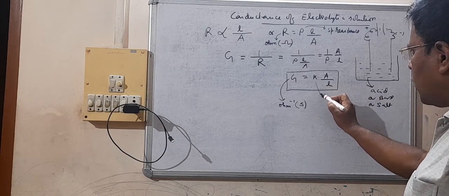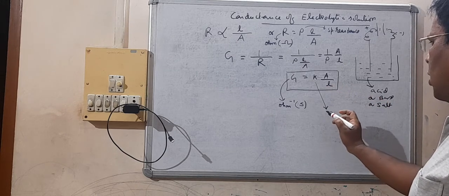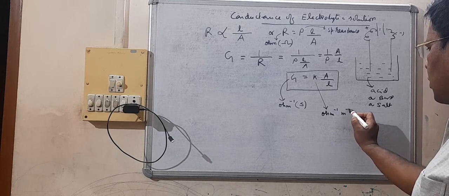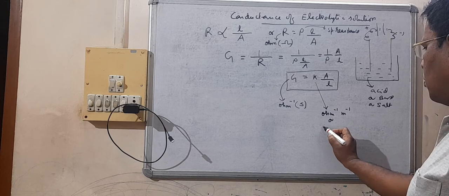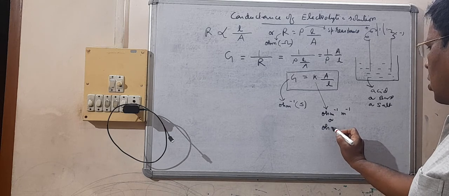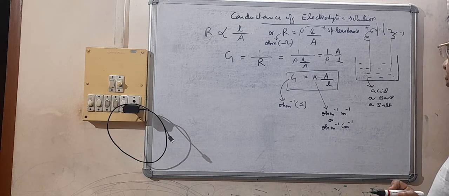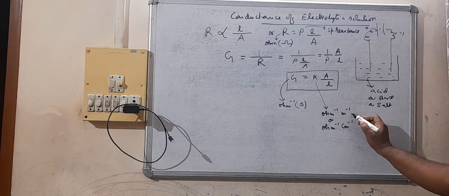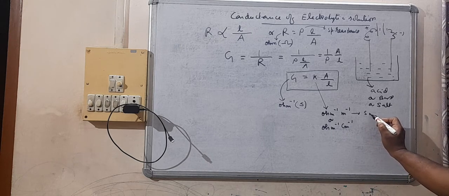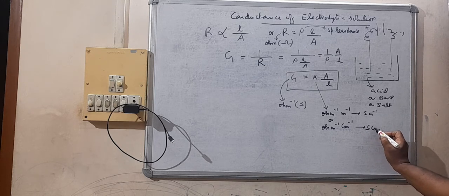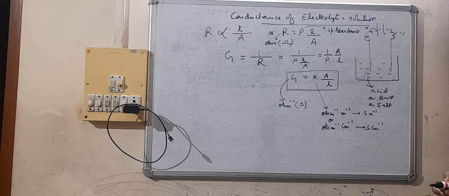The unit of conductivity can be per ohm per meter, or it can be per ohm per centimeter. So this we can also write as Siemens per meter. This we can write as Siemens per centimeter.